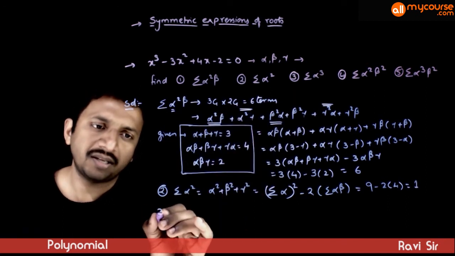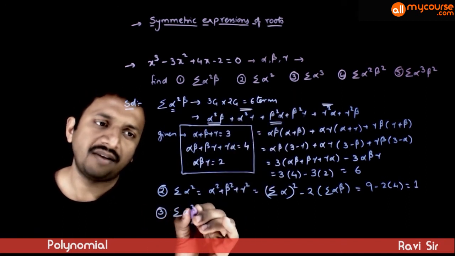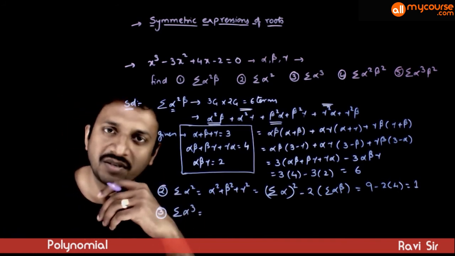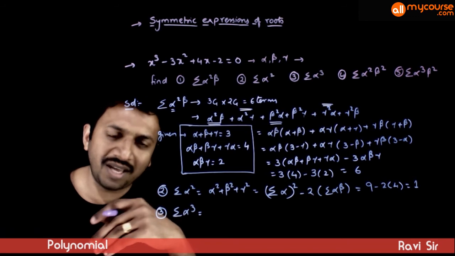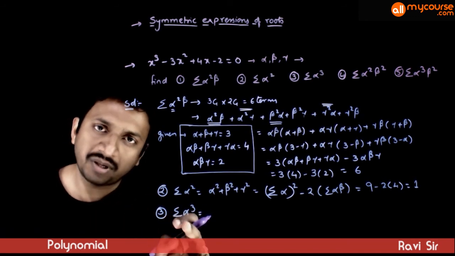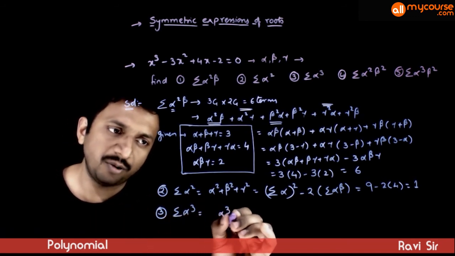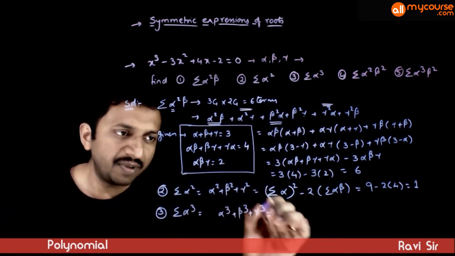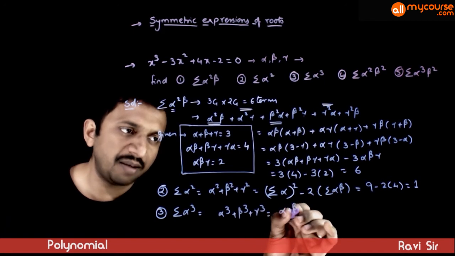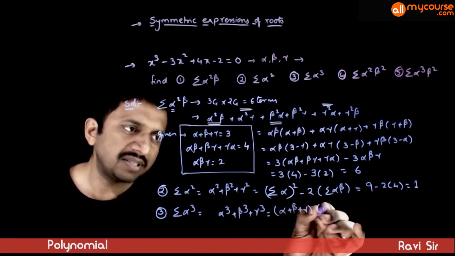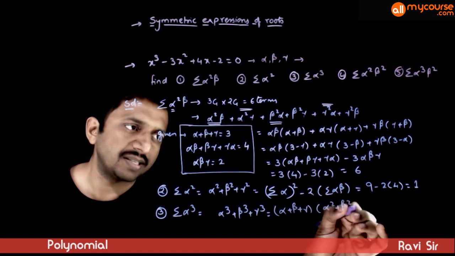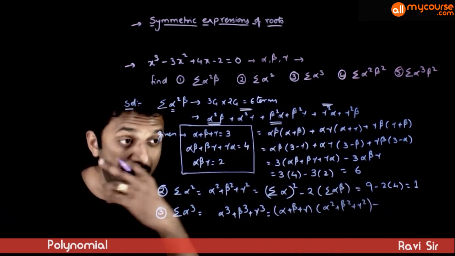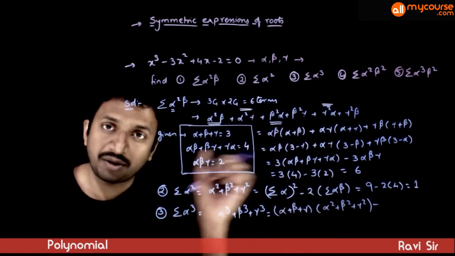Next, if you want sigma alpha cube, how can we get this? There are different ways in which you can get this, but one of the ways: sigma alpha cube is nothing but alpha cube plus beta cube plus gamma cube. This can be written as alpha plus beta plus gamma times alpha square plus beta square plus gamma square minus, so alpha cube, beta cube, gamma cube.